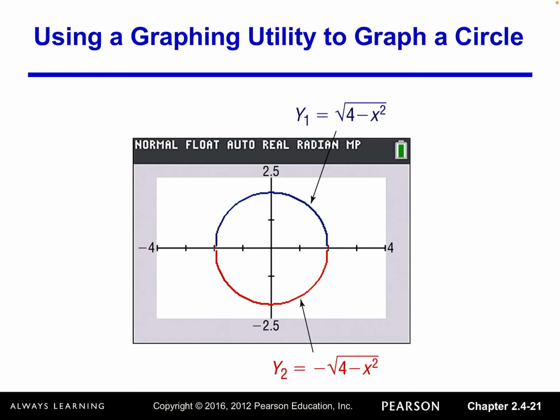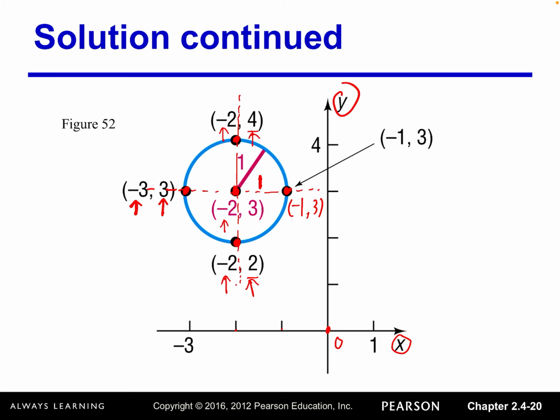And then from the graph, we can easily see this circle doesn't intercept the x-axis or the y-axis. So there are no additional key points we can graph. So to graph this circle, we only use the center of the circle and the 4 key points, and then we can use a smooth curve to connect those 4 key points to graph the circle.